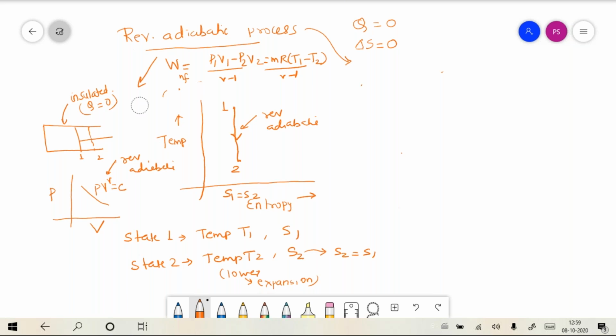If you do the derivation for the integral of PdV, then you will get an expression like mR(T1 minus T2) upon gamma minus 1. So you can derive this expression using this relation.